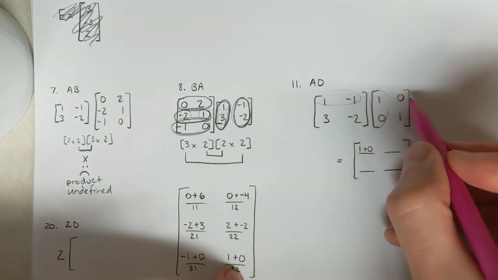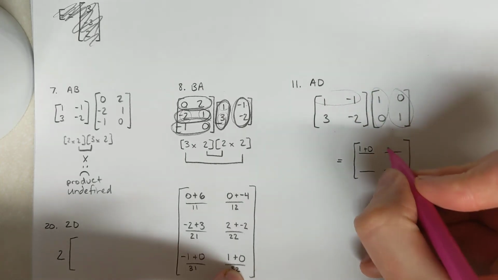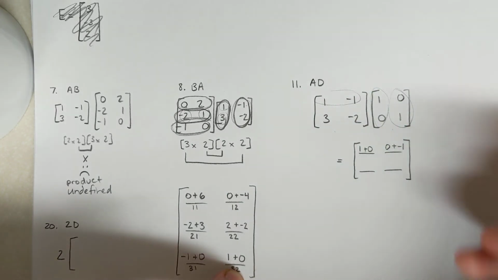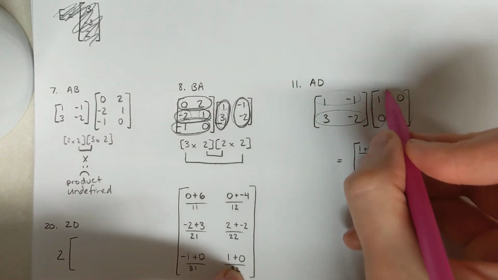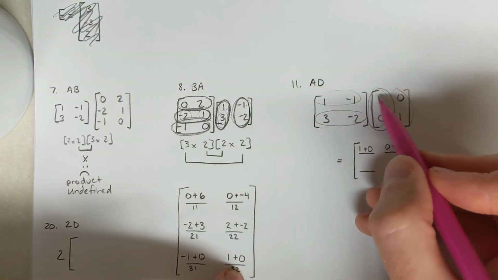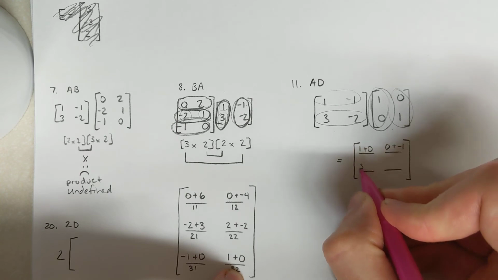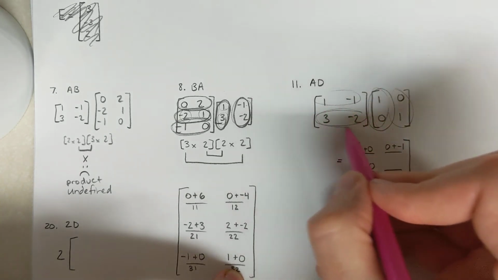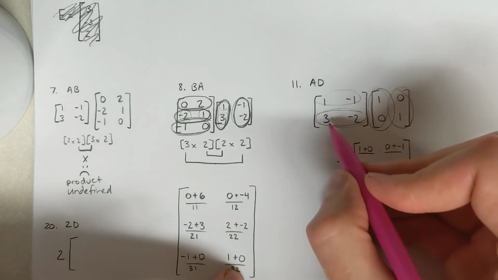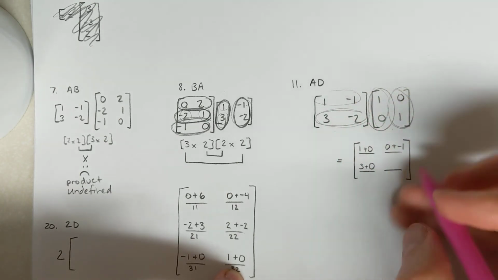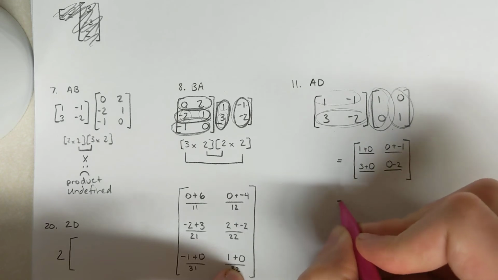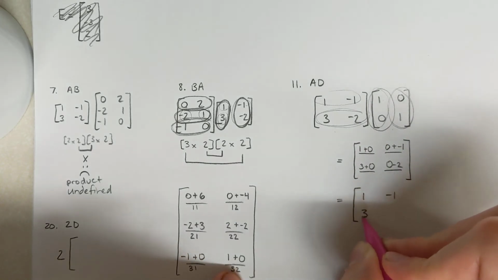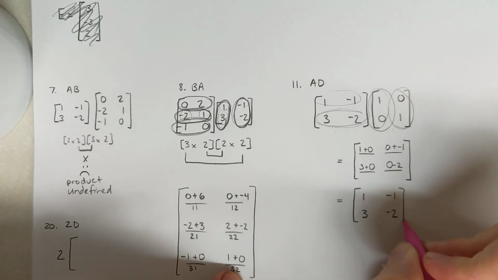And then first row, second column, you'll get 0 plus negative 1. Second row, first column, 3 plus 0. And second row, second column, you'll get 0 minus 2. So that reduces to be 1, negative 1, 3, negative 2.